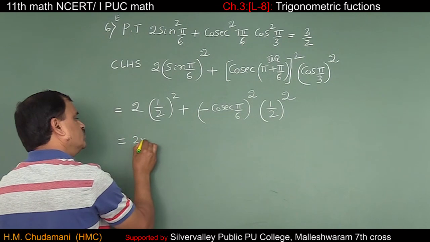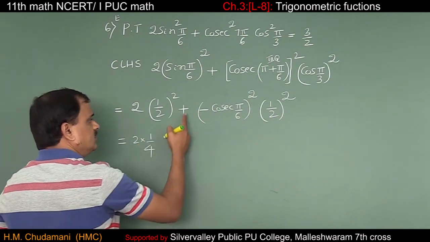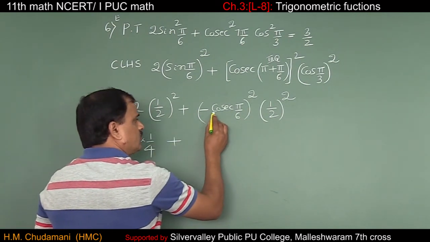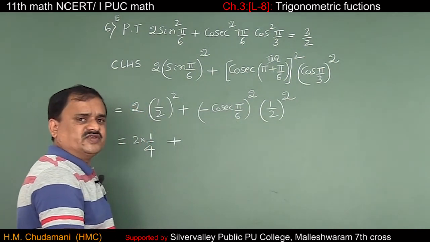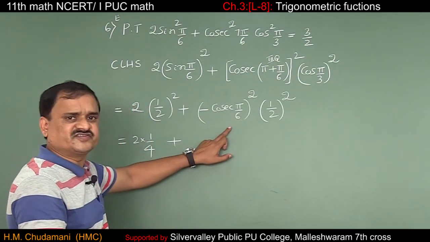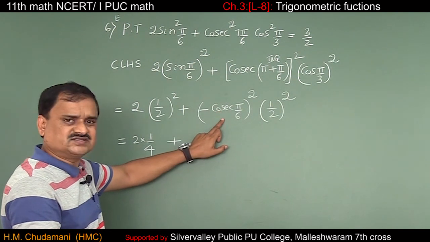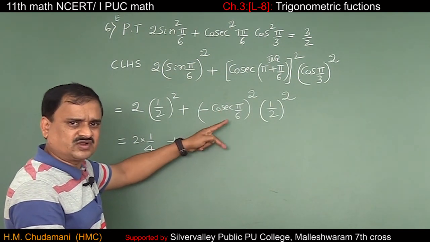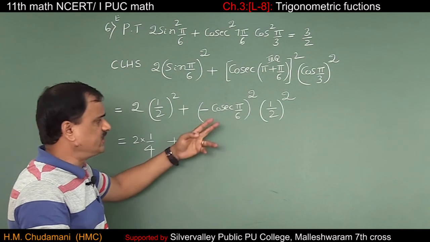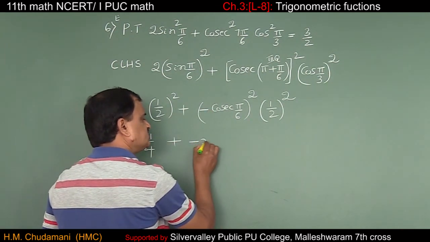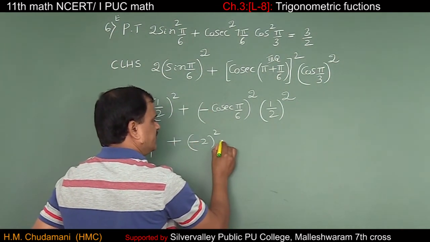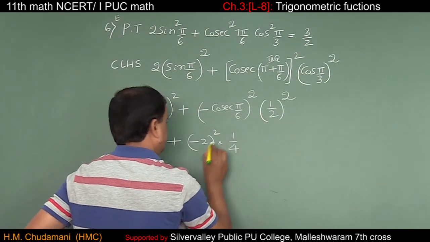This is 2 into 1 by 4, plus cosecant pi by 6. Pi by 6 is 30 degrees. Cosecant 30 degrees is the reciprocal of sin 30. Sin 30 is 1 by 2, so this is minus 2 the whole square into 1 divided by 4.